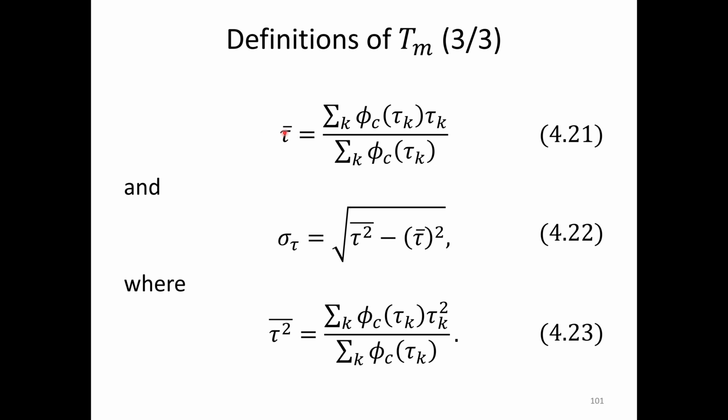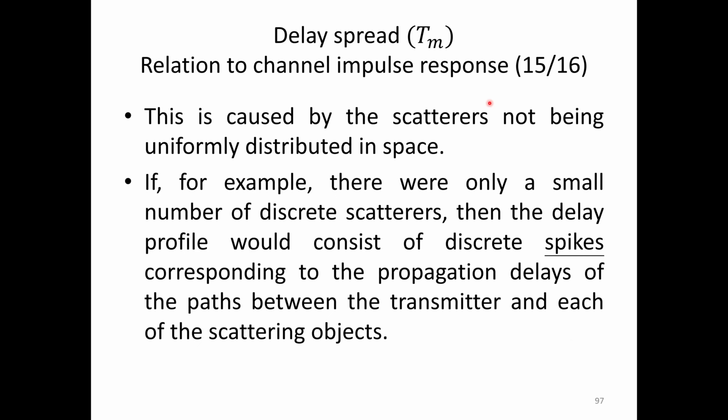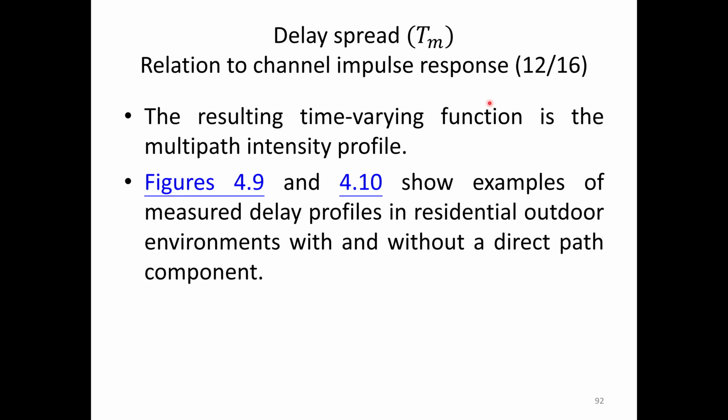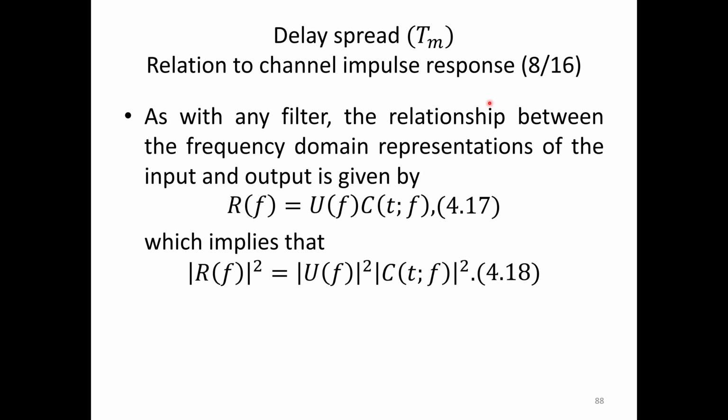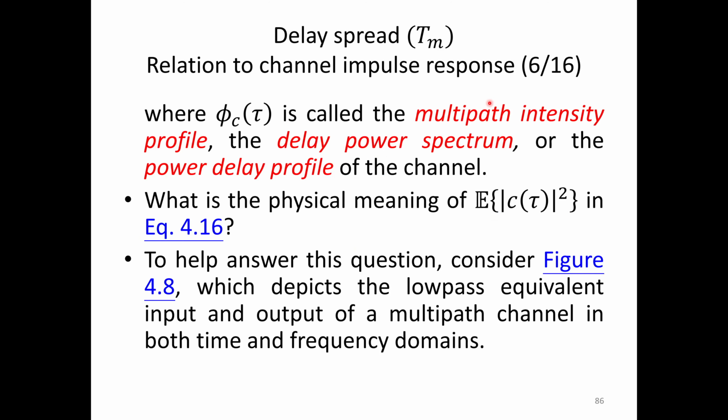First, tau bar is equal to the summation over k of phi c of tau k times tau k, divided by the summation over k of phi c of tau k. Do you remember what the function phi c is? Let us go back to the earlier slides to see the definition of phi c. Phi c of tau is called the multipath intensity profile, the delay power spectrum, or the power delay profile of the channel.